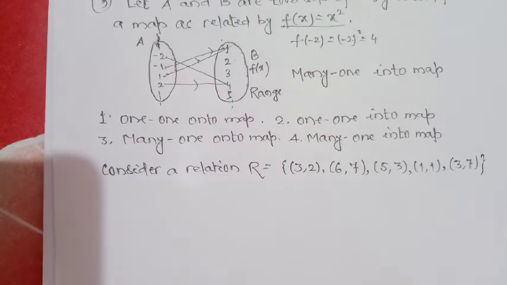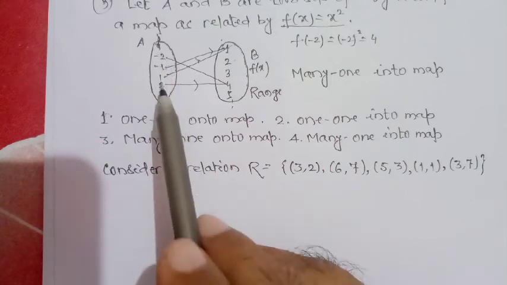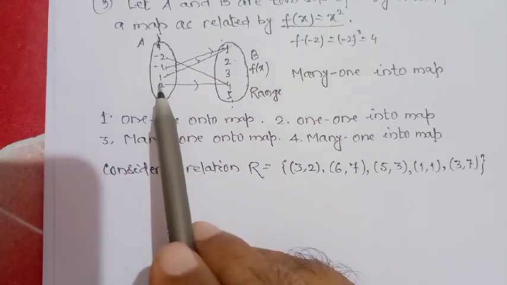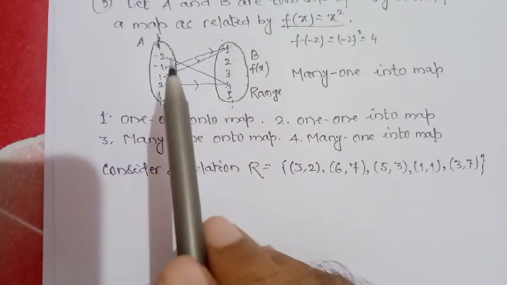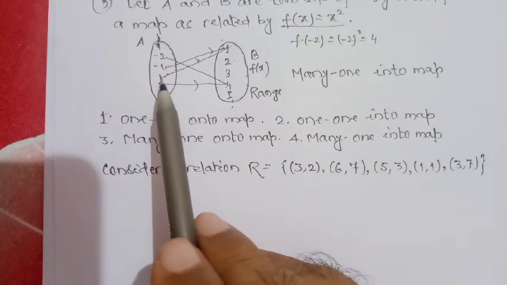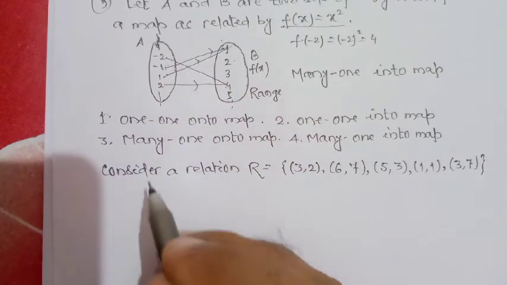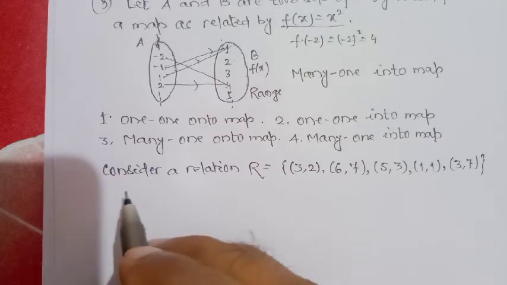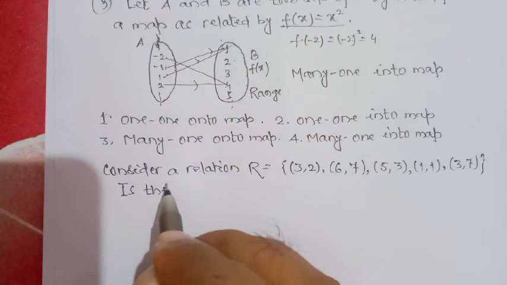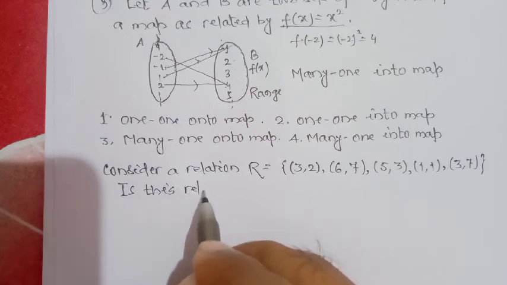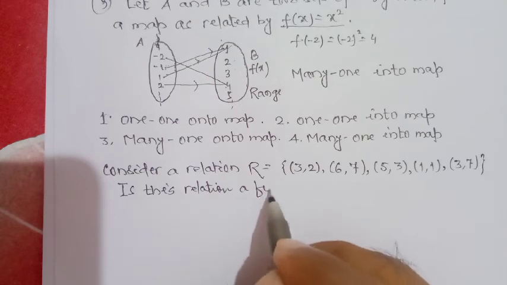You must know more than one element have one image, but one element have not more than one image. Now the question is, is this relation a function?